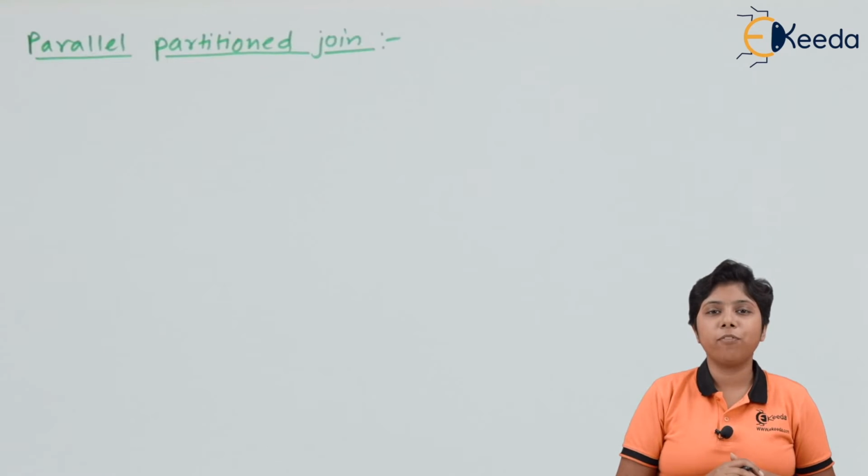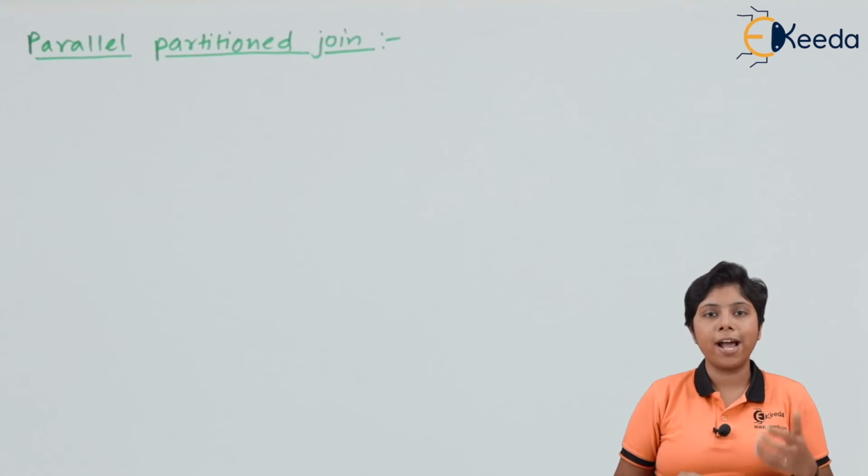The first type of parallel join that we will discuss is the parallel partition join. In a parallel partition join, we first partition each of the relations and then perform the join, based on range partitioning or hash partitioning.